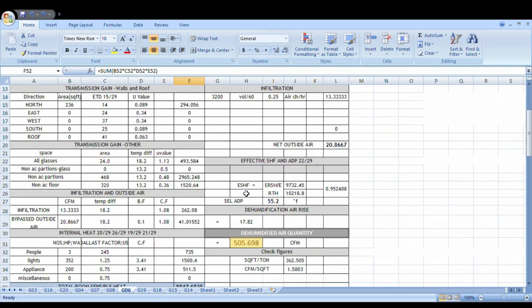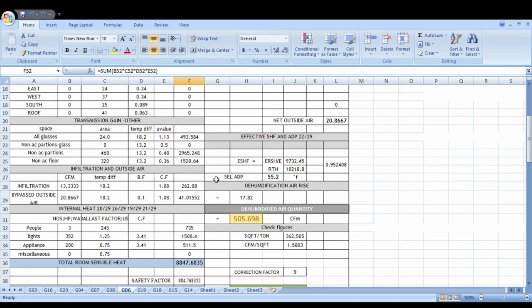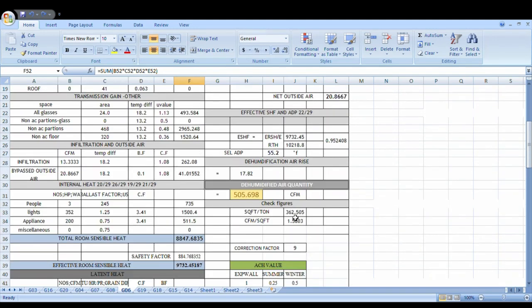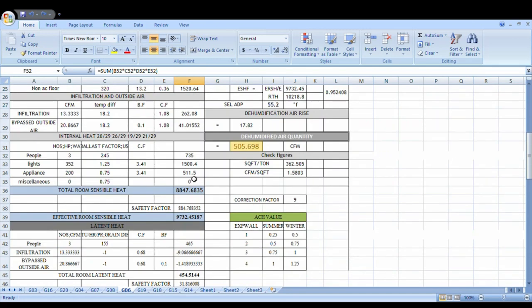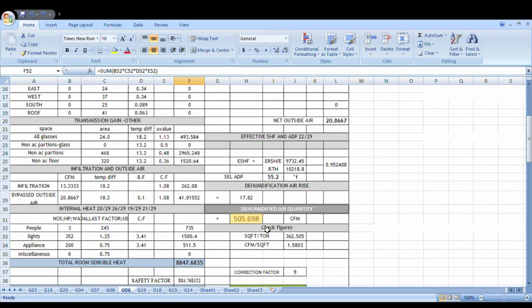Now here, effective sensible heat factor is equal to effective room sensible heat divided by effective room total heat. So effective room sensible heat we got 9732.45. Okay, and effective room total heat we got 10218.72.